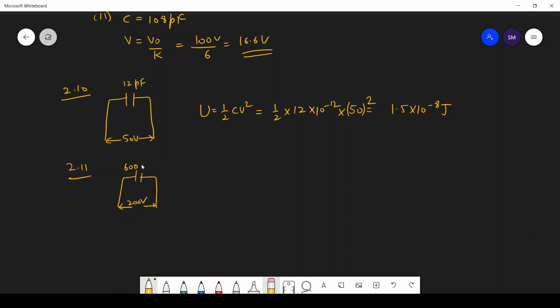So the 600 picofarad is the capacitance. Then it is disconnected from the supply and it is connected with another 600 picofarad capacitor. How much is the electrostatic energy lost in the process?